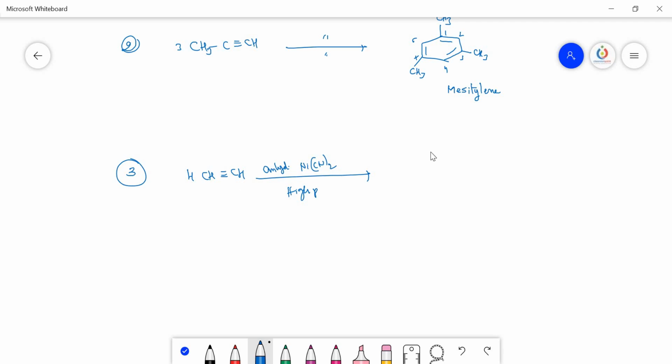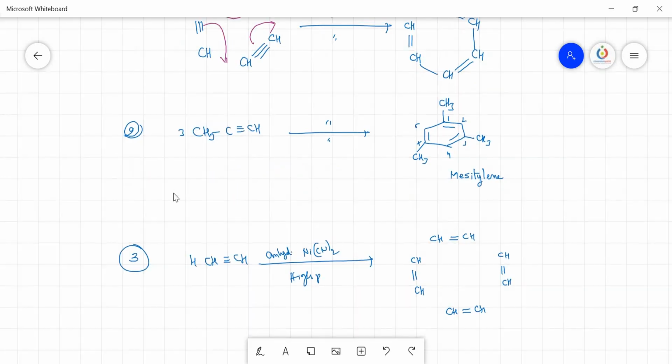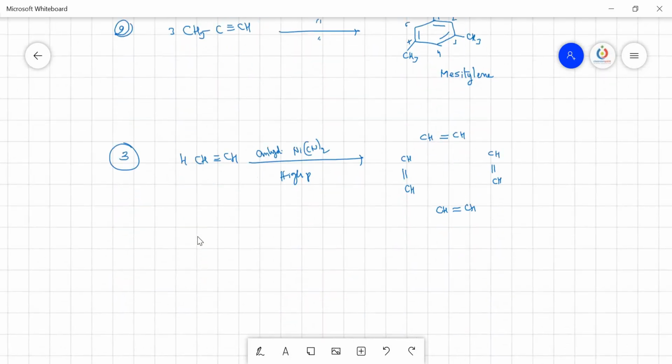In that case you need to add the molecule like this: CH double bond CH, double bond CH, double bond CH. Why did I put the double bond? The other bond is shifted, like in the earlier case. Like this we need to shift.